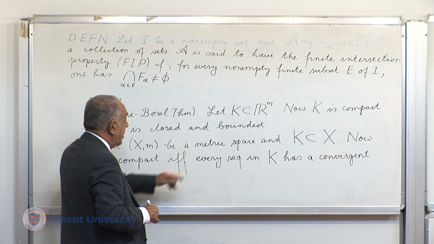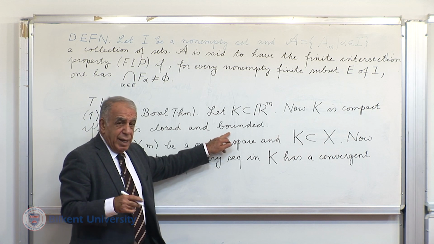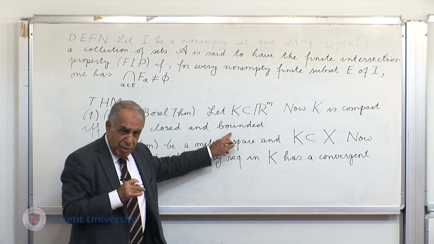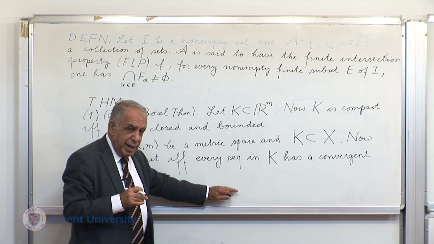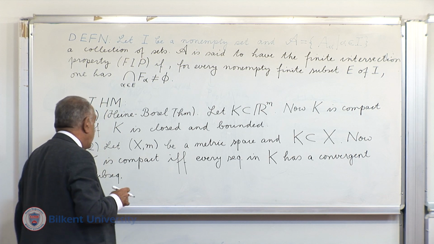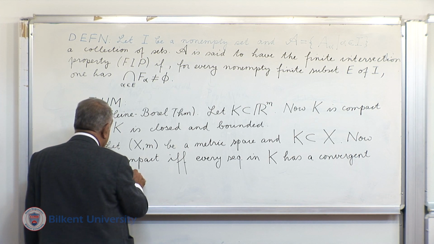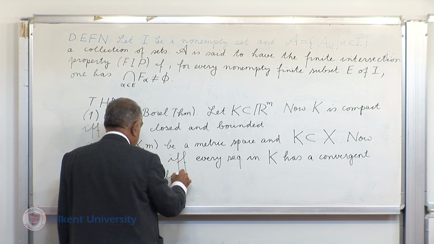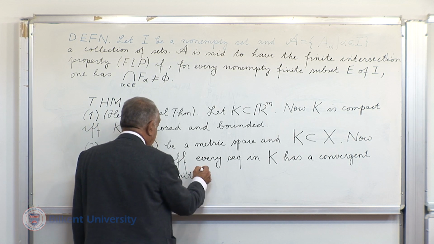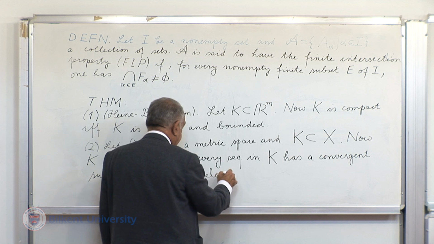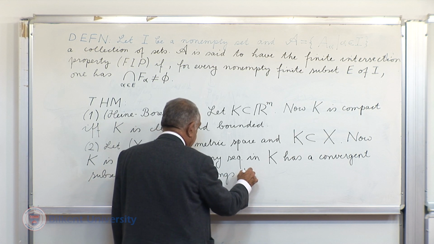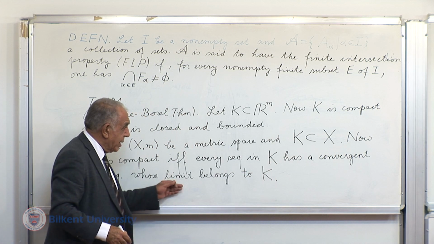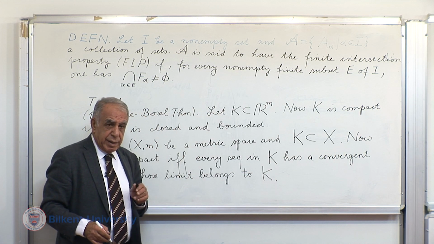So instead of starting with boundedness and leaving the existence of a convergent subsequence to Bolzano-Weierstrass, we take it here just as part of the condition, whose limit belongs to K. And this is the counterpart of closedness.